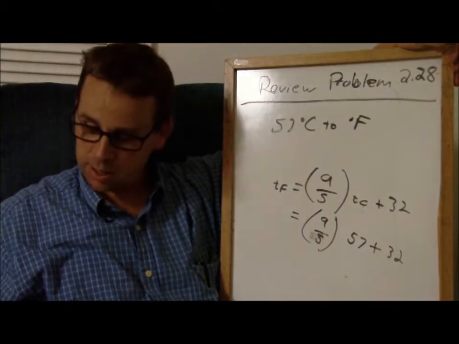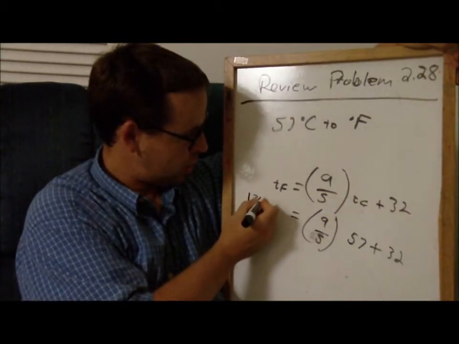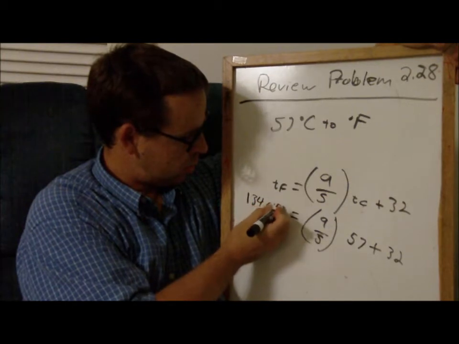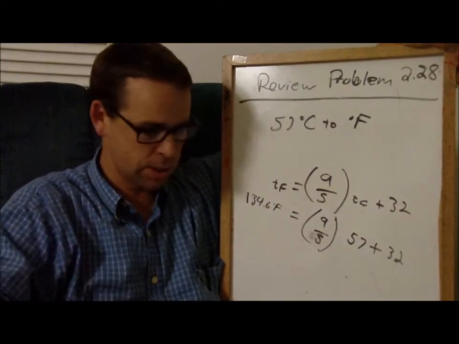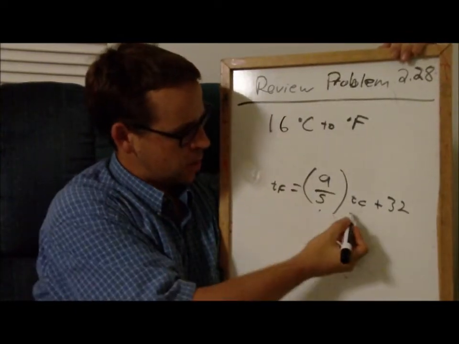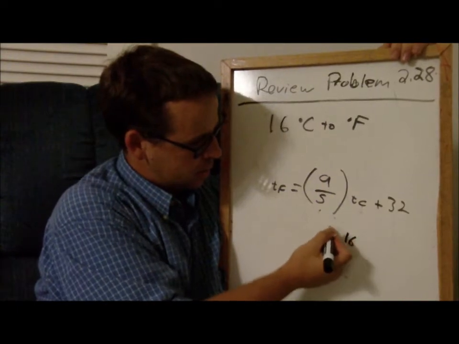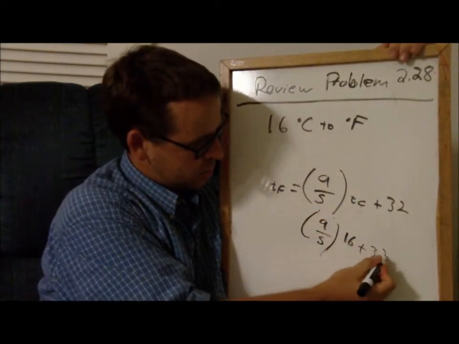All right, so that's 134.6. So the temperature is 134.6 degrees Fahrenheit. This is B, 16 degrees Celsius to degrees Fahrenheit. Again, 16 times 9 divided by 5 plus 32.